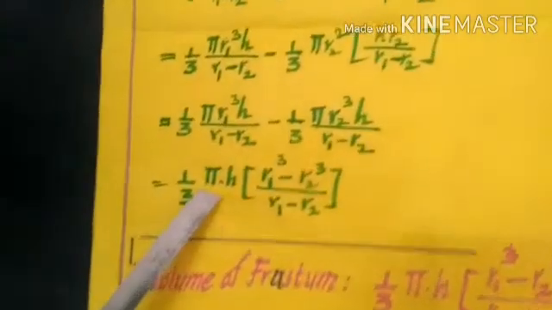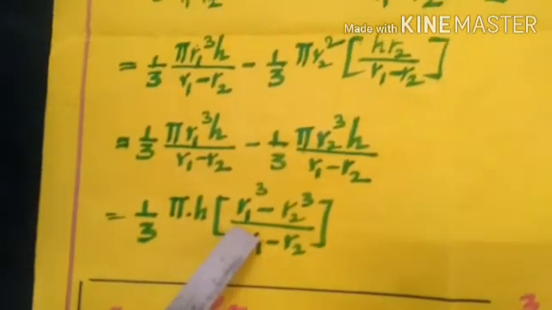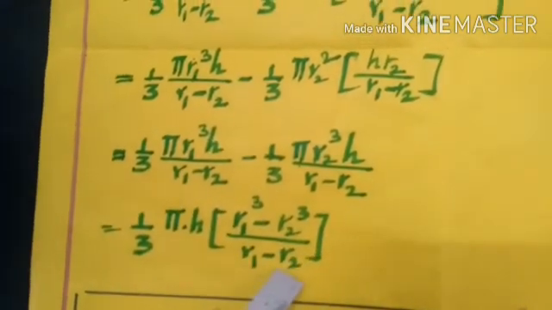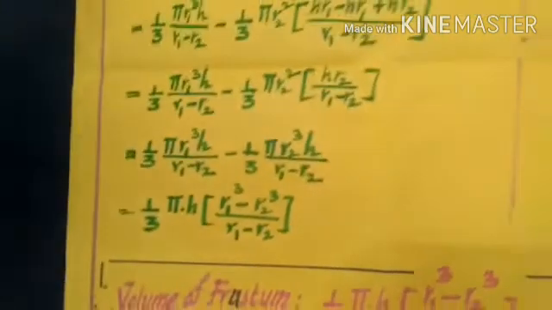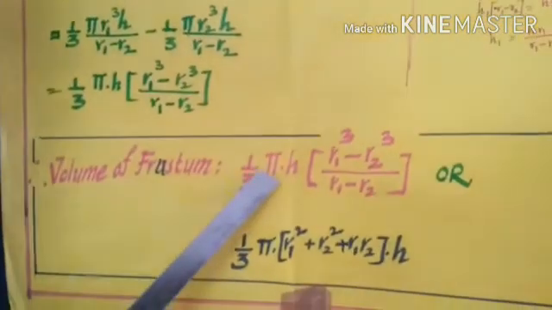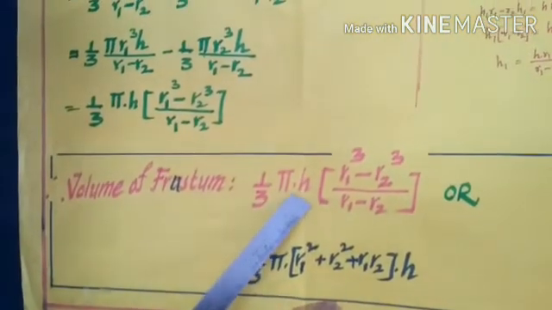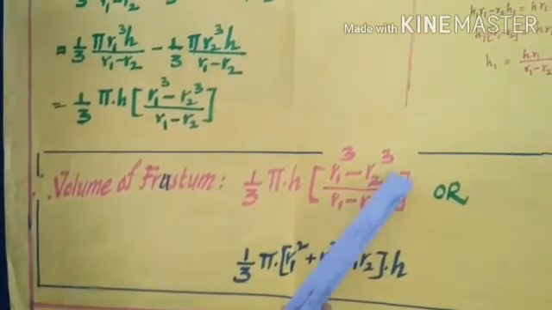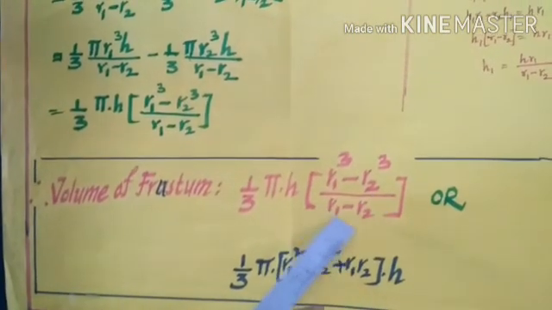By simplifying this equation, we get 1 by 3 into pi into H into (R1 cube minus R2 cube) by (R1 minus R2).